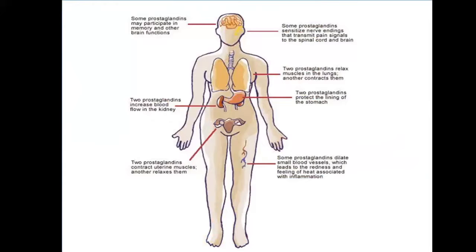We have ones in our lungs that help with breathing, and probably most importantly to do with NSAIDs, we have protective prostaglandins in the lining of the stomach, and these help to protect our stomach from stomach acid. We also have ones in our kidneys, and they're very important for keeping our kidney function up, and of course our kidneys are very important. There are ones in the uterus, and there are also ones associated, as we were talking about, with heat and with inflammation.